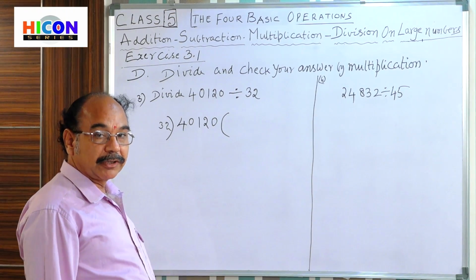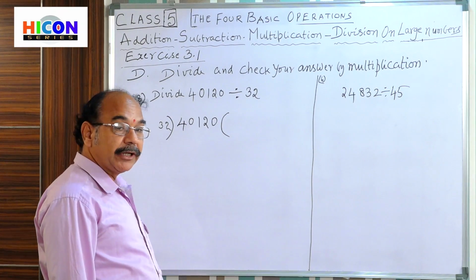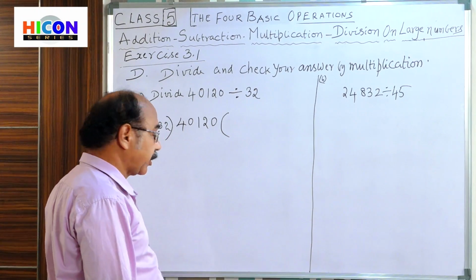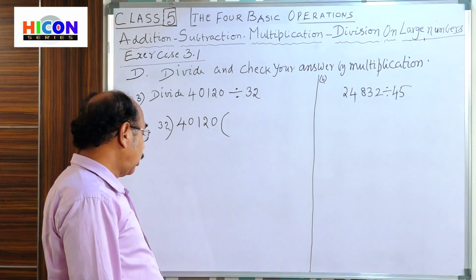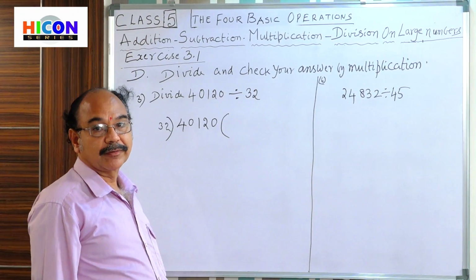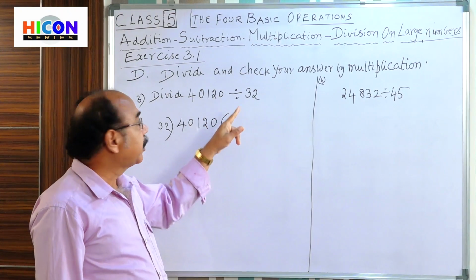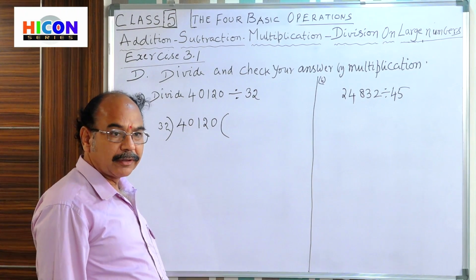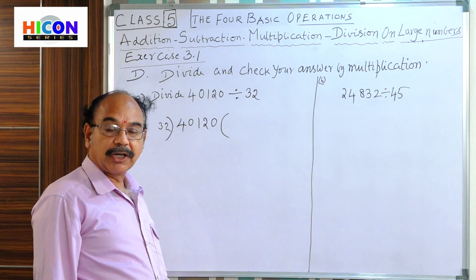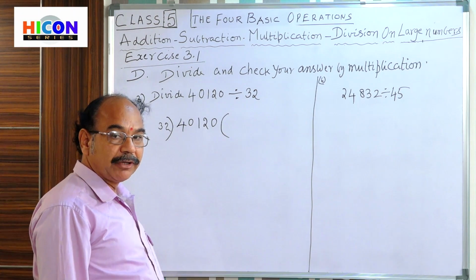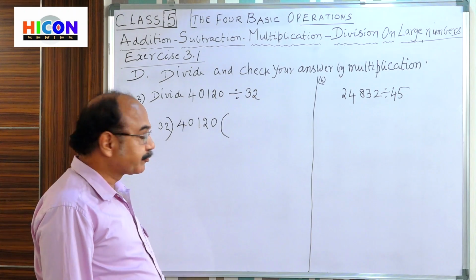In doing this division work, what we get in the right side bracket is called the quotient. And last we get some remainder. If it is exactly divisible by 32, then we get 0 remainder. If it is not exactly divisible by 32, then we get some remainder.